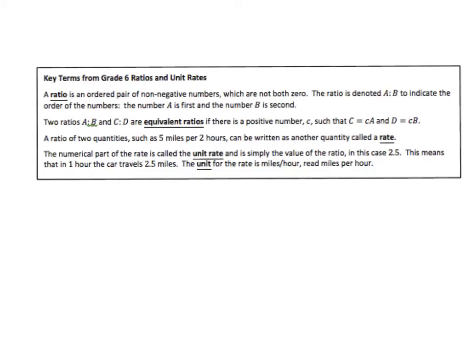All right, before I continue, I want to just remind you of the key terms that we just talked about from 6th grade. The ratio is the ordered pair of numbers, and the order of them matters. The first number is the A, the second is the B. So our first number for that last example was the number of papers, and B was the number of seconds.